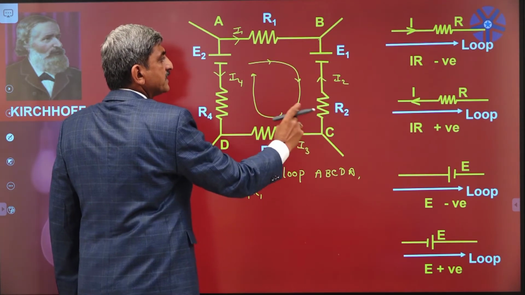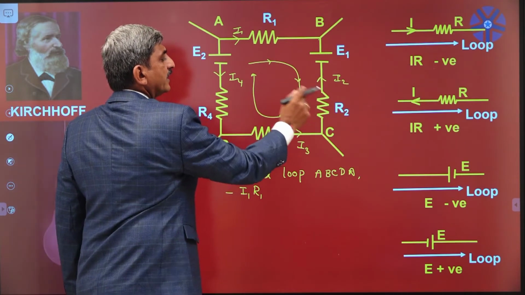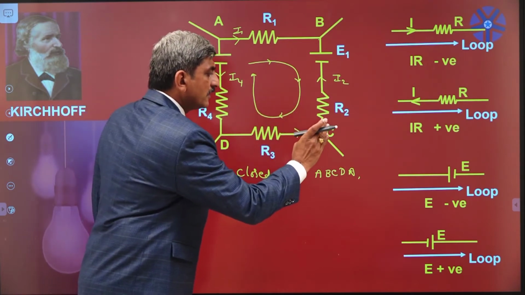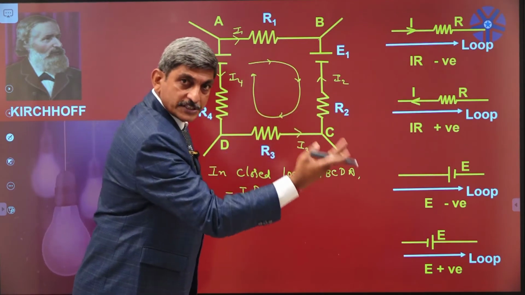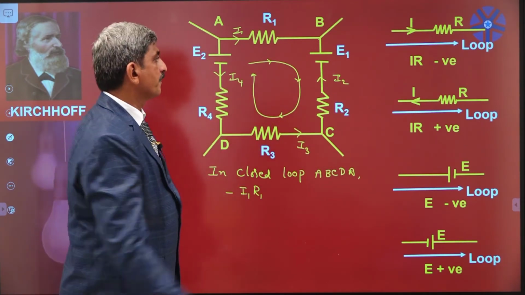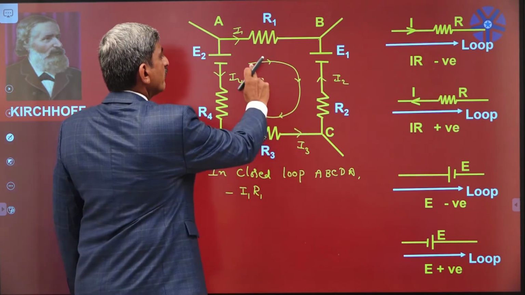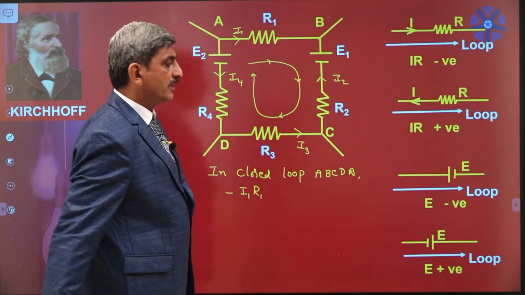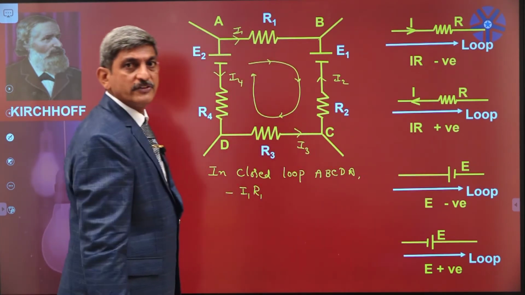Next, move across the BC branch. In the BC branch, there is a battery and also a resistor. Apply the rule of the batteries for EMF and the rule of resistors for the potential drop. In case of the battery, we are moving from the positive terminal of the battery to the negative terminal of the battery.